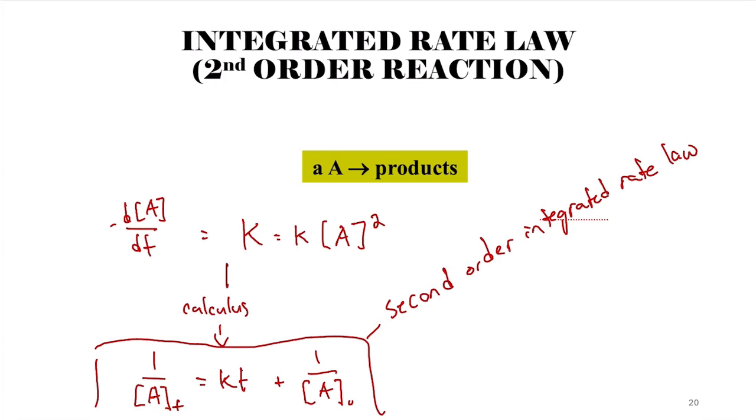Does anyone remember what the units for the rate constant are for a second order reaction? We can look at it right here, we can determine it, and we can also look at this equation, and both will tell us what the units are.